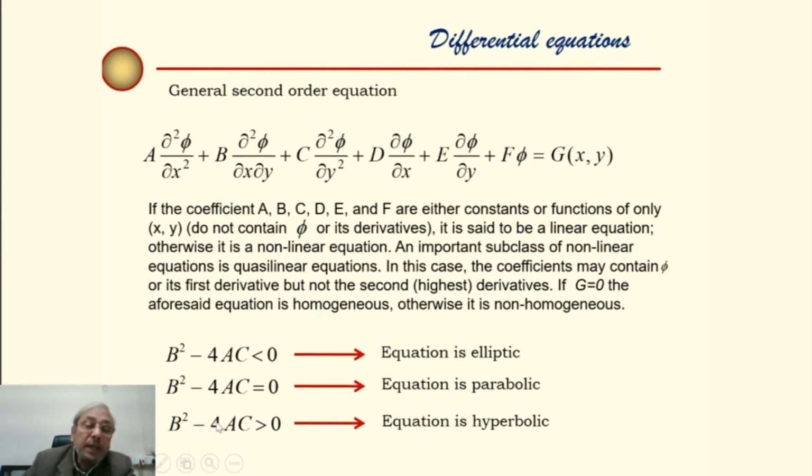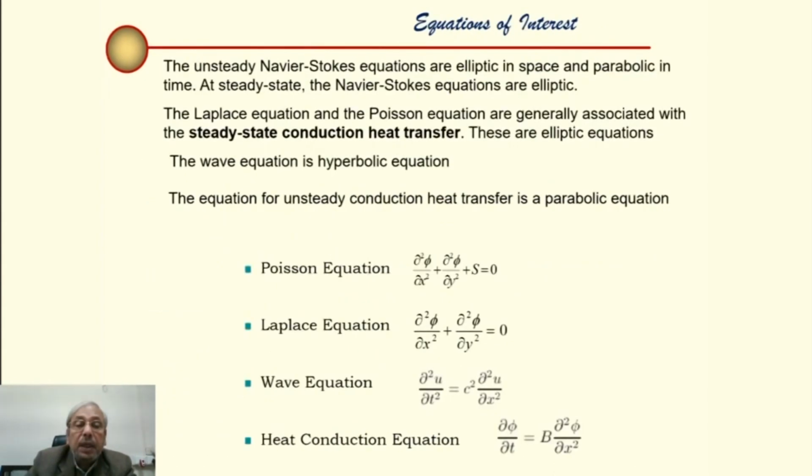And if that is greater than 0, then the equation is hyperbolic. So these are different conic sections, associated with these coefficients, and we can remember that in the subsequent part of the lectures.